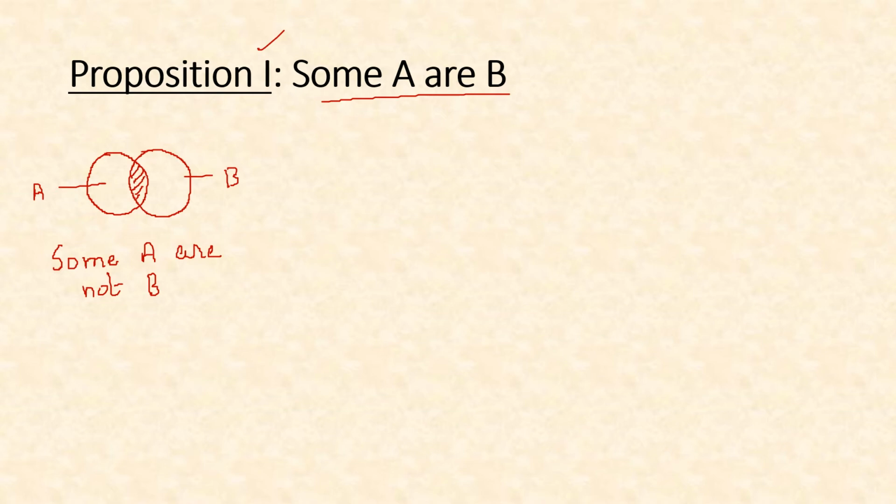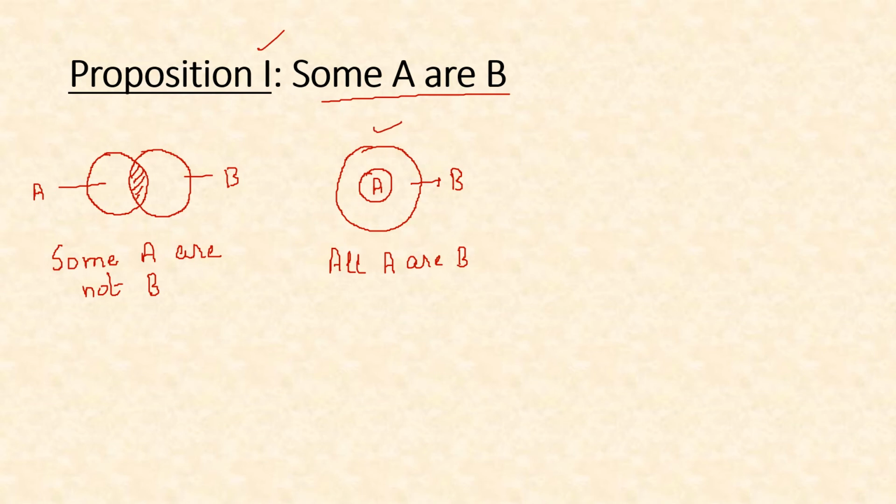Another way which can be represented here is like some A are B. So if this is A and this is B, then it can be interpreted as all A are B. तो ये डिफरेंस क्लियर हो गया. यहाँ पर अगर हमें all A are B बनाना है तो हम ये वाला Venn diagram के साथ जाएंगे, और अगर हमें some A are not B बनाना है then we will go with this one, और even if we want to draw like some A are B then we can go with this one. So this is how we represent proposition I.